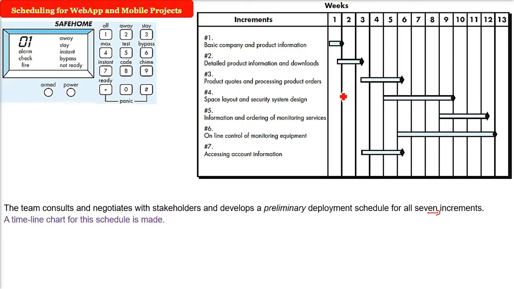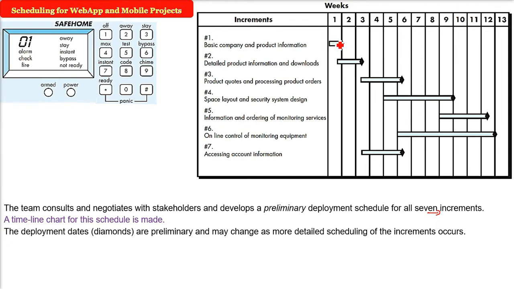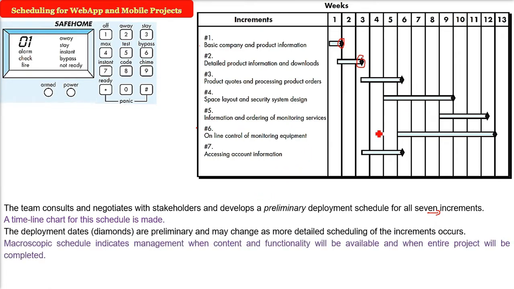So we will make a timeline chart. You know that is also called a Gantt chart. So the deployment dates, you see here the diamonds. These are preliminary, very preliminary, and may change as more detailed scheduling of the increment is done. Because these are 7 increments we have finalized. But the macroscopic schedule indicates to management when content and functionality will be available and when the entire project will be complete.